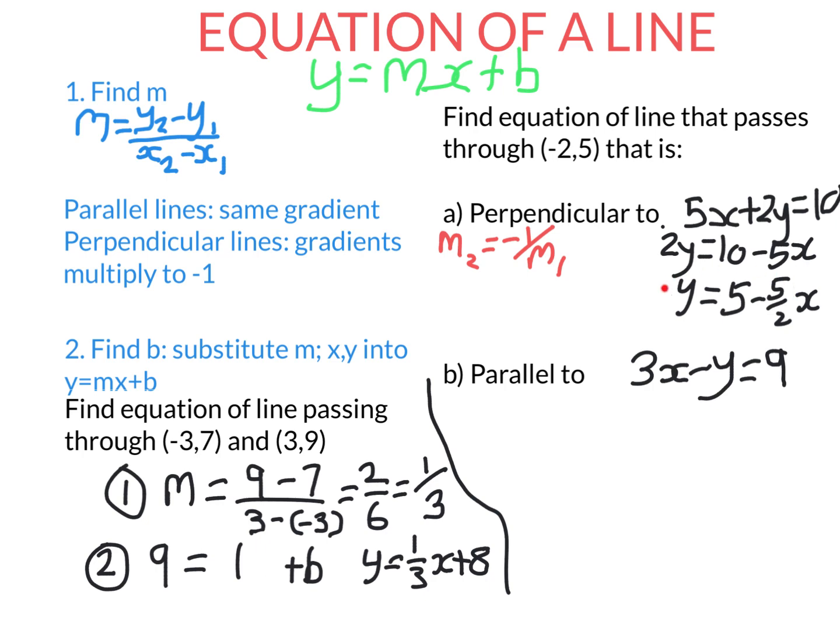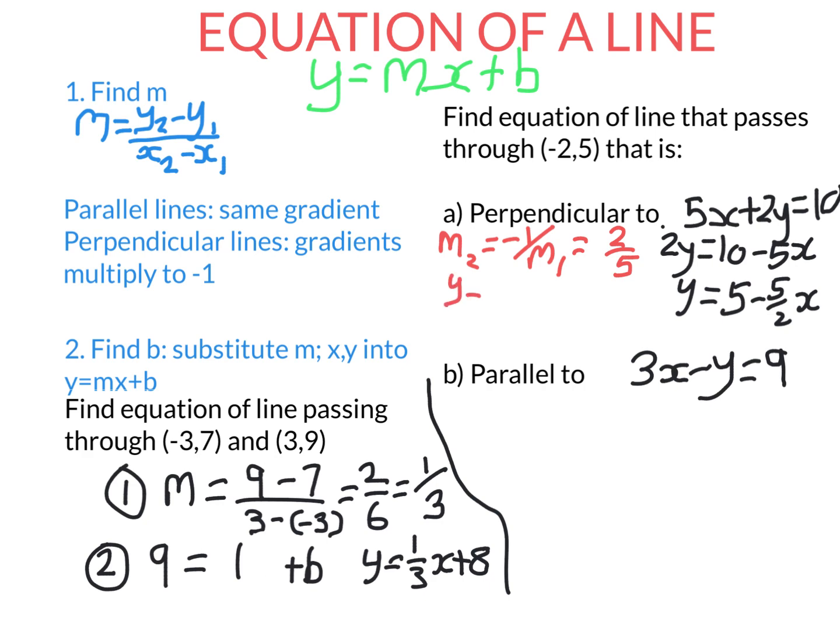So the gradient of any line perpendicular is -1 over -5/2. When you do -1 over a fraction, you simply flip the fraction and change its sign. So any line perpendicular to this line must have gradient 2/5. So I've actually done step 1 and found the gradient. Now I need to find the y-intercept.